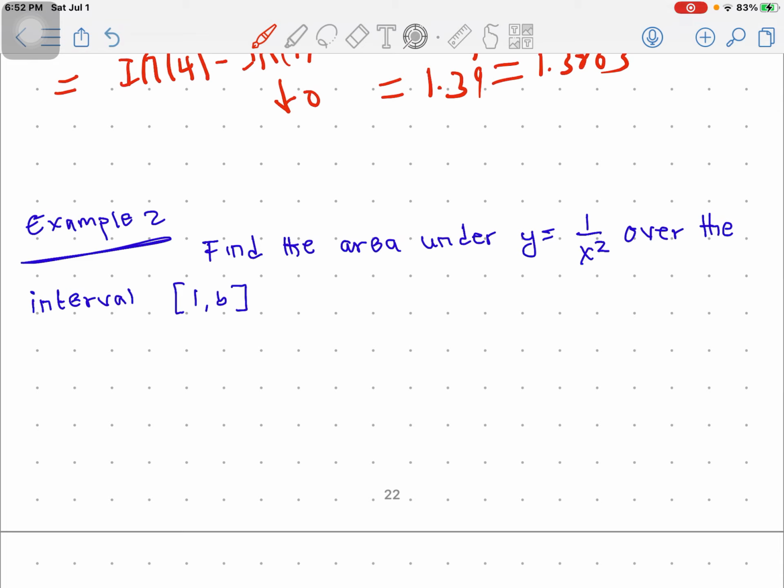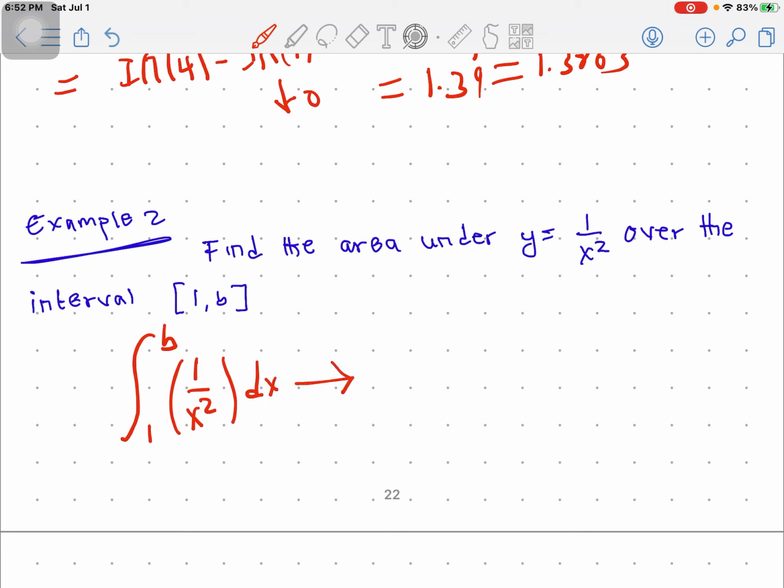First of all, write the shorthand, which is the integral from 1 to b, where 1 is the lower limit and b is the upper limit, of 1 over x squared with respect to dx. So now this is our shorthand for this.